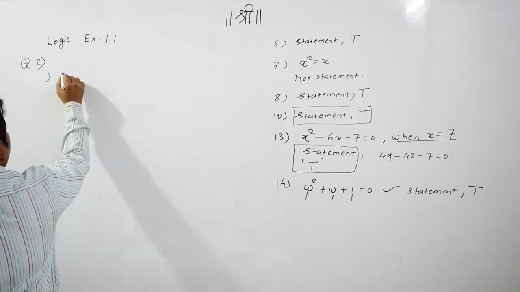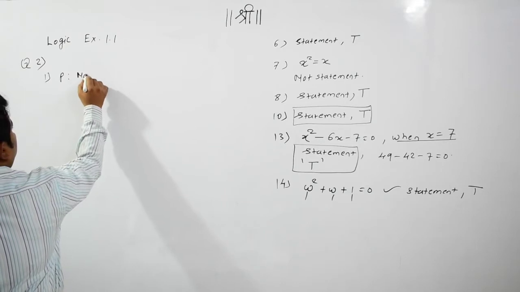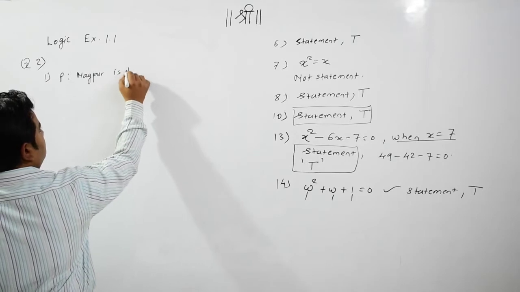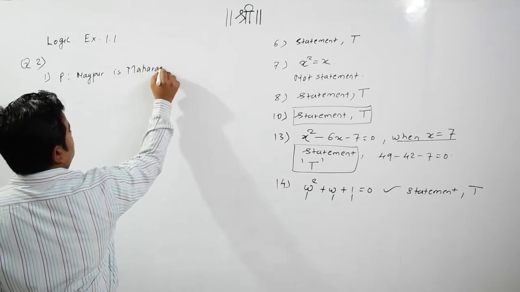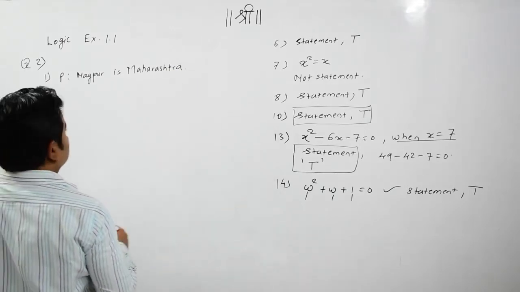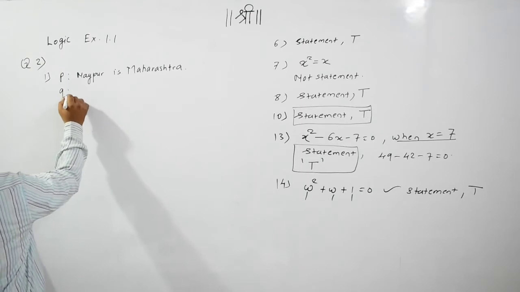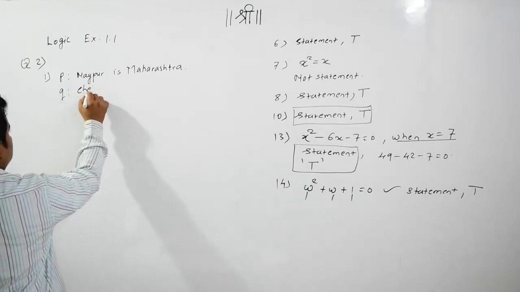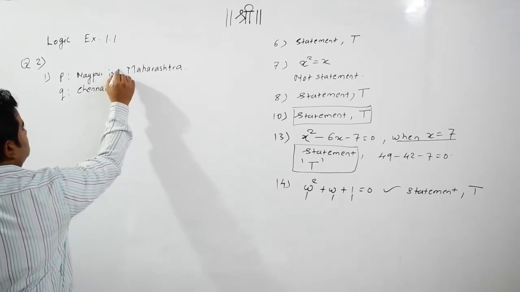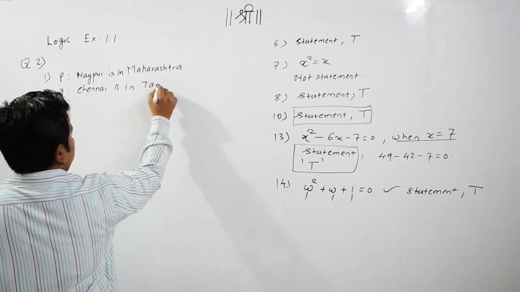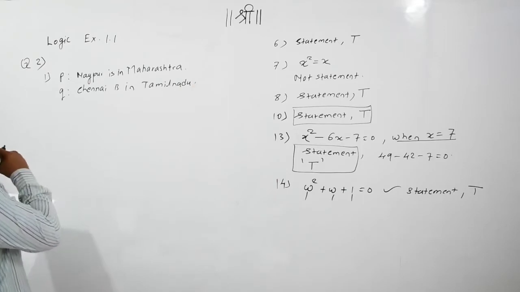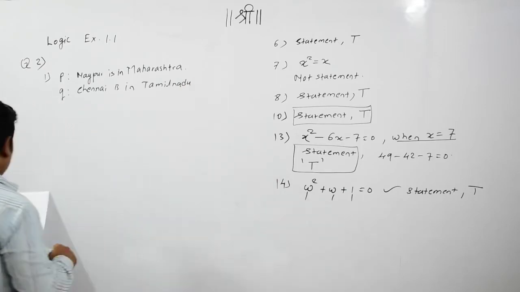So P is: Nagpur is in Maharashtra. And Q is: Chennai is in Tamil Nadu.